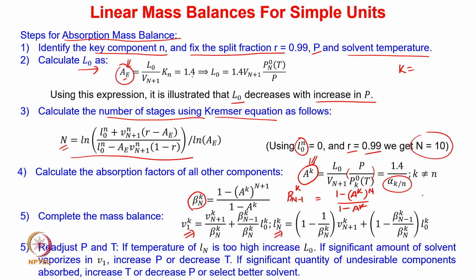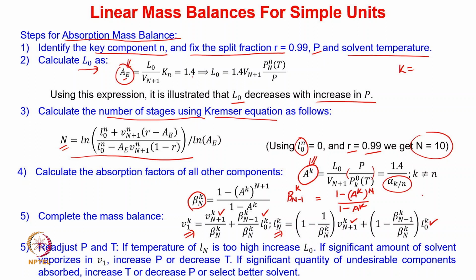So V1 and Ln we can calculate by using this equation, we know. See, Vn plus 1 is the input, isn't it? And L naught is the input, correct? Similarly, in this case, Vn plus 1 is the input and L naught is the input. So by using the inputs, we are actually calculating the outputs. What will be the output from the nth stage?